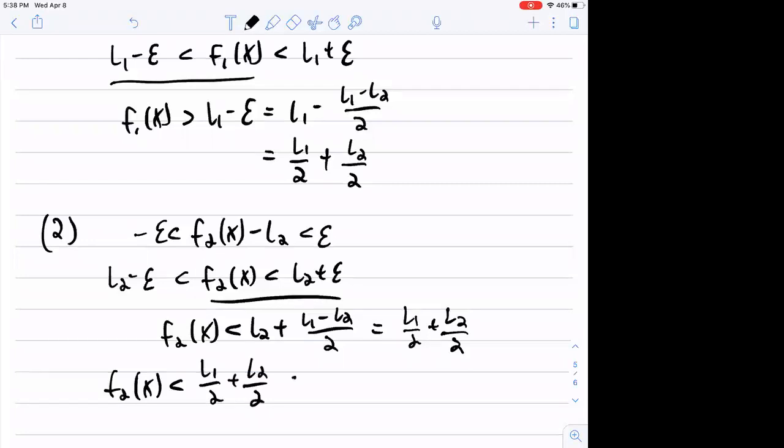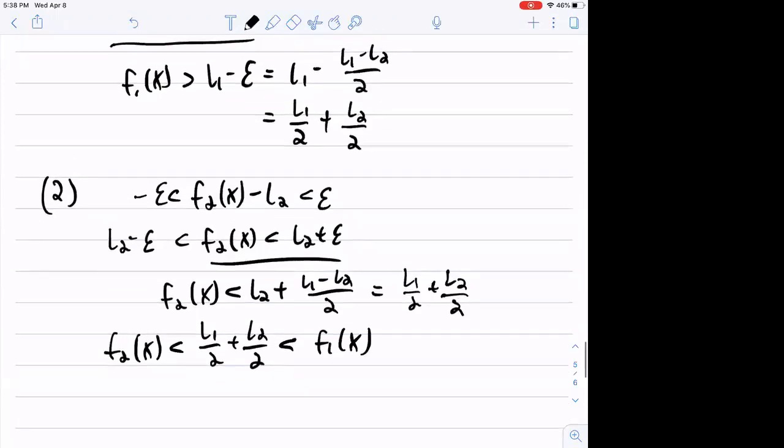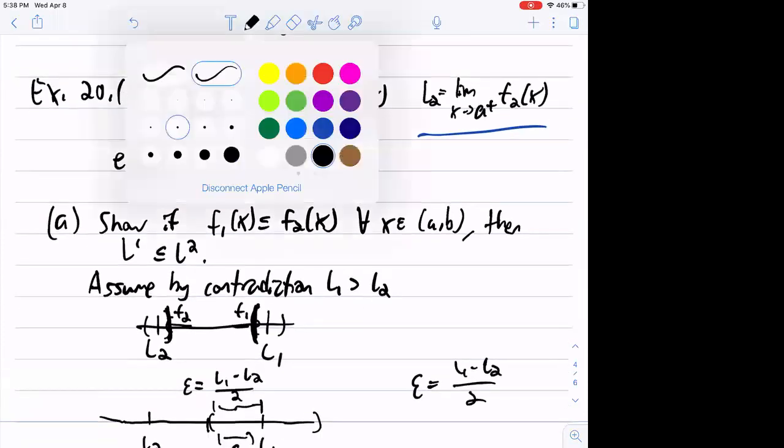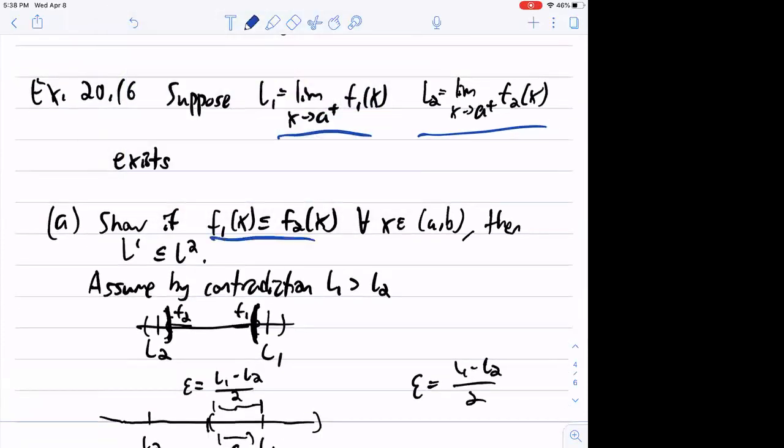But F1 of x is bigger than that, right? So we get this, and that's a contradiction, right? Because we assumed F1 was smaller than or equal to F2.